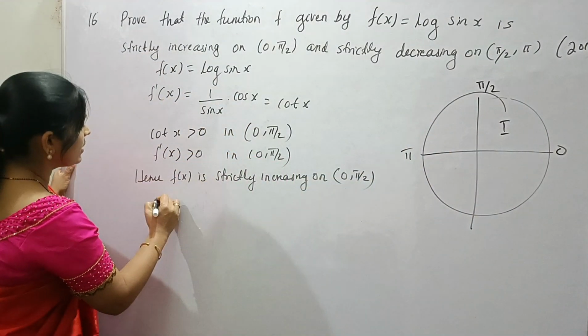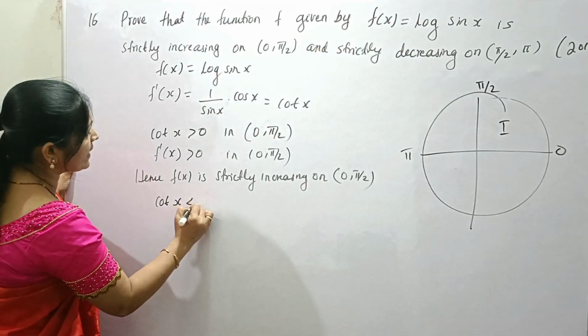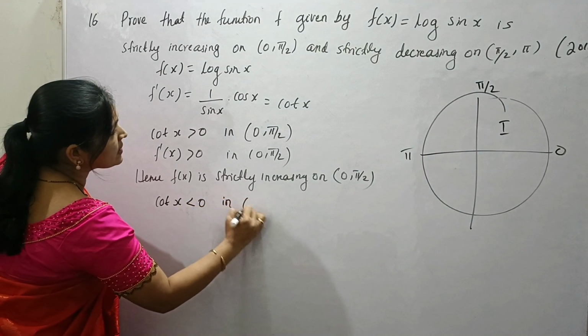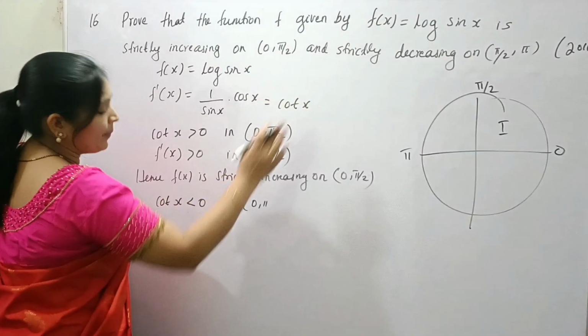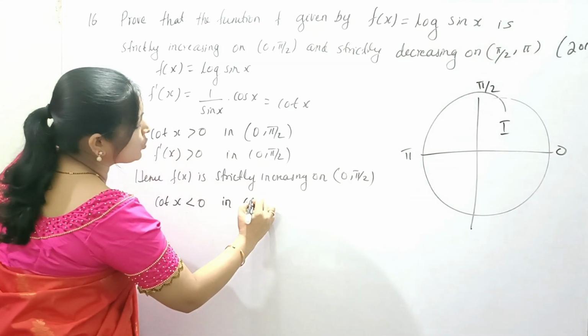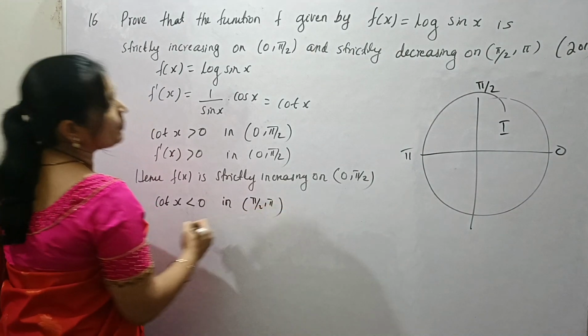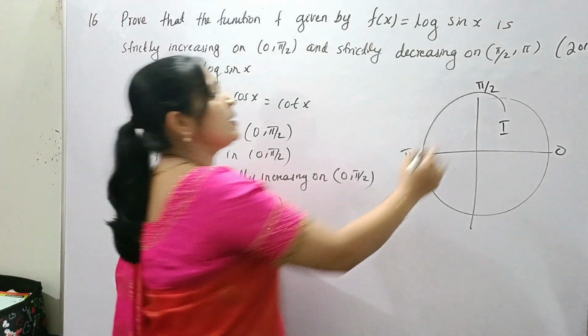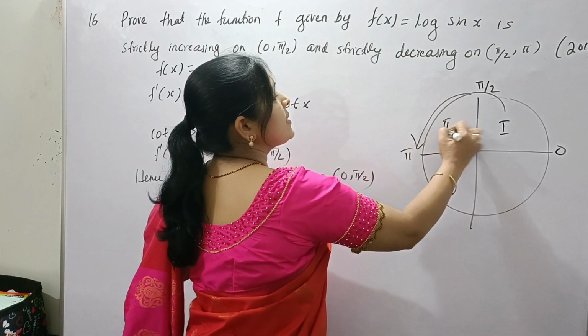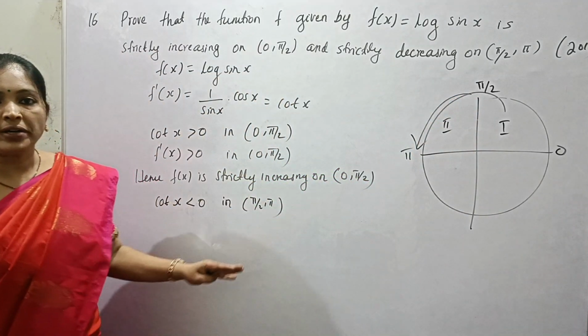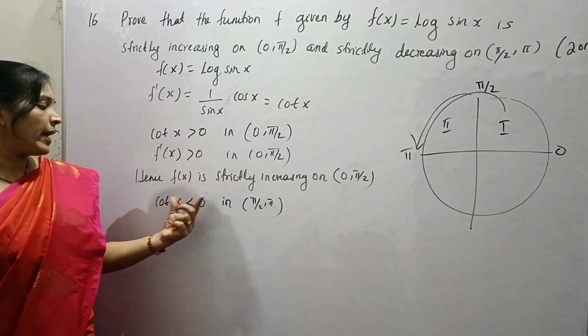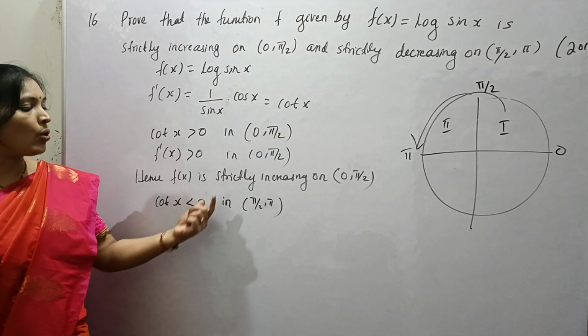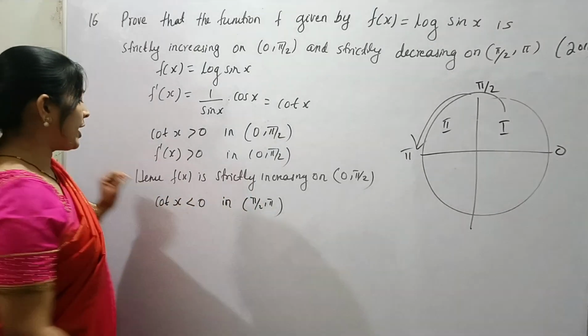Therefore, here we can write cot x is less than 0 in pi by 2 to pi. Pi by 2 to pi lies in the second quadrant. In the second quadrant, cot x is negative. Therefore, cot x is less than 0 in pi by 2 to pi.